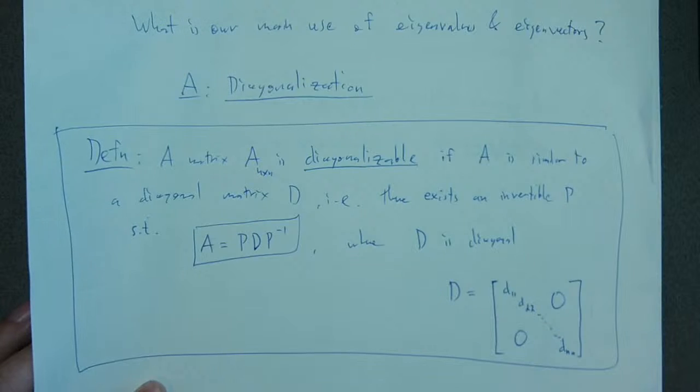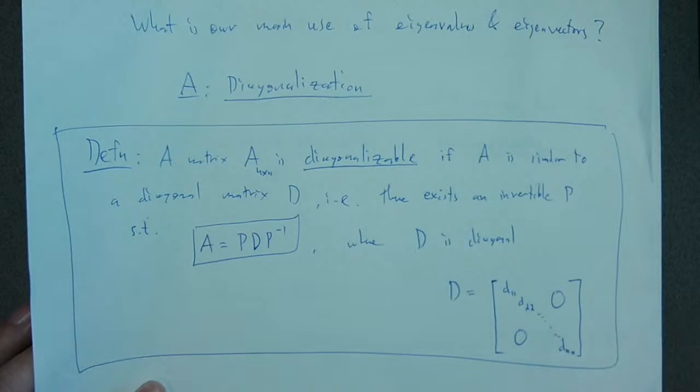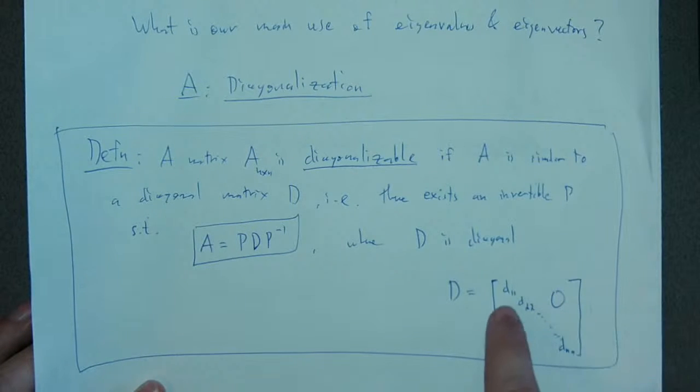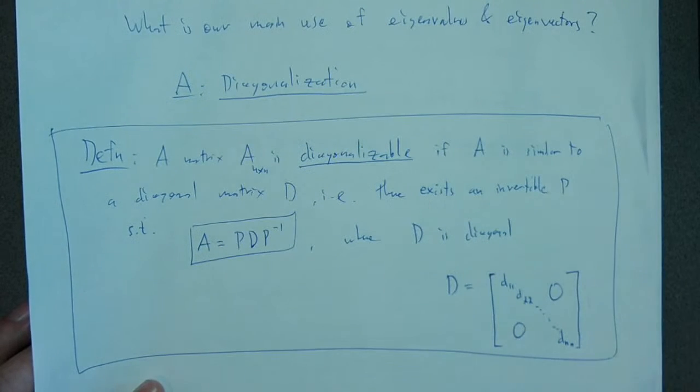I should note here that the zero matrix is itself a diagonal matrix. So these D's don't all have to be non-zero. In fact, they could all be zero. A diagonal matrix is defined in a negative way: it's defined in a way that all of the off-diagonal entries are zero. Everything else, it doesn't matter what they are.